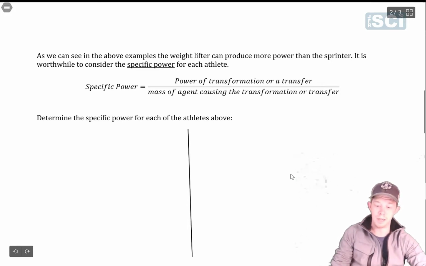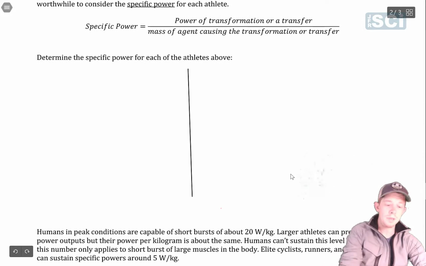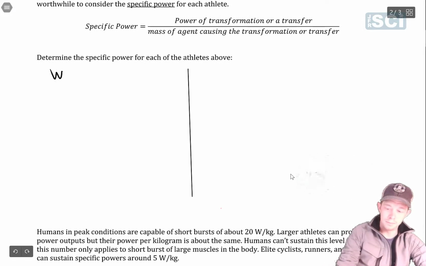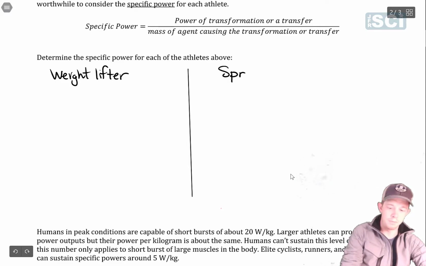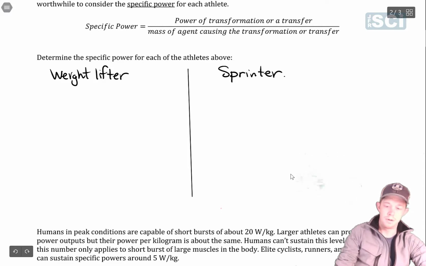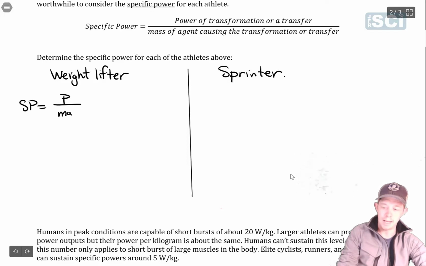Okay, and we'll call it specific power. So I'm just going to draw a line down the middle of my page here. And I'm going to say the weightlifter, and we'll call this one the sprinter. Okay, so the weightlifter's specific power is going to be their power per mass.